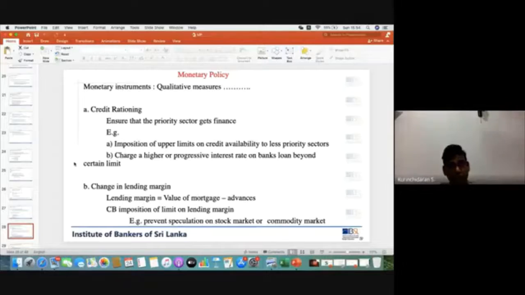So they can restrain lending to less priority sectors, and they can ask banks to lend more to priority sectors, right? Now, that is first credit rationing, and second, change in lending margin.